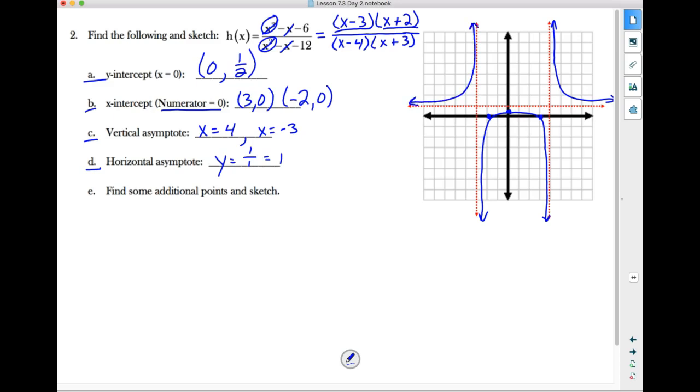We are not after perfect graphs with these rational functions. We are after the general shape and where they generally belong. And if you don't understand why I said they're up in those 2 spots, what you would do is find a point on the left and a point on the right of each one of those asymptotes, meaning I would plug in 5 for x to find out where the branch is on this side here.